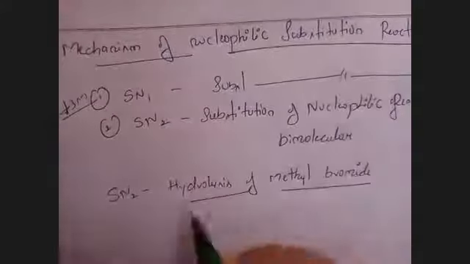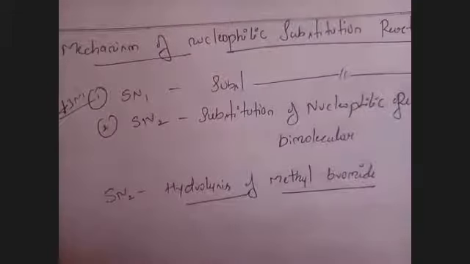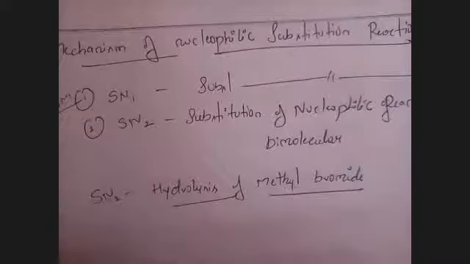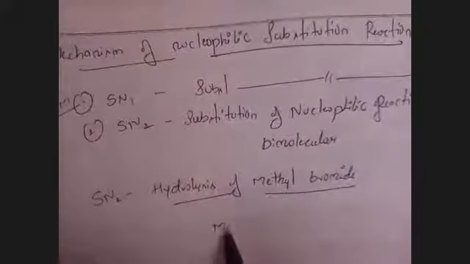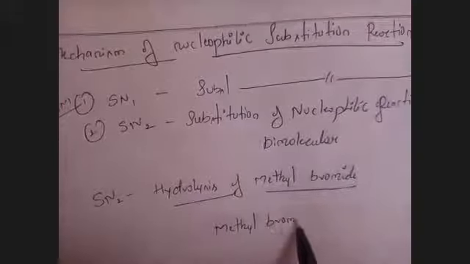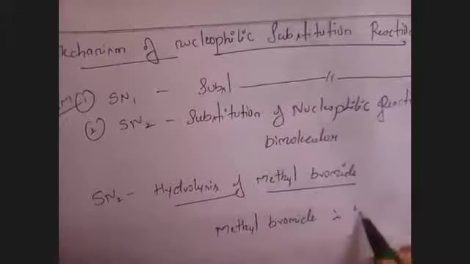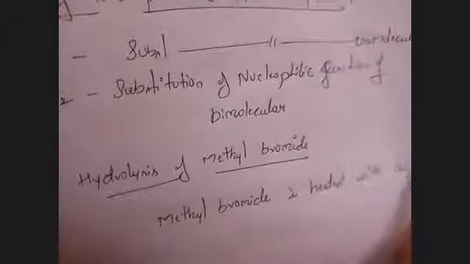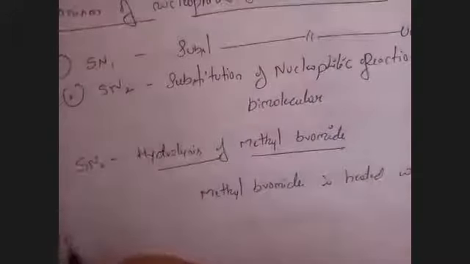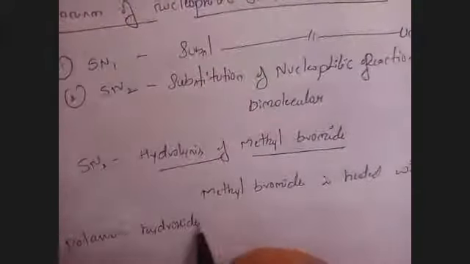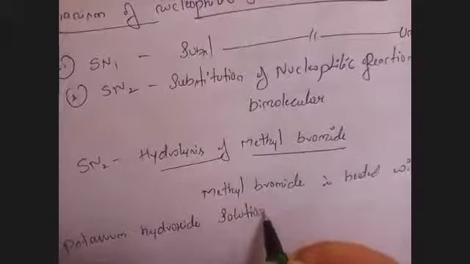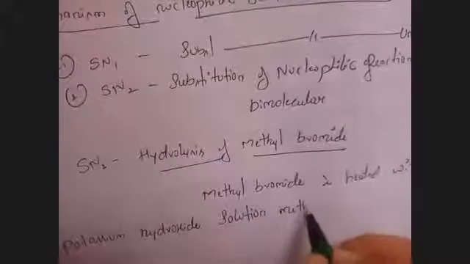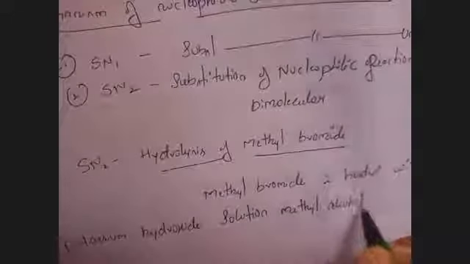So when methyl bromide is heated with aqueous potassium hydroxide solution, methyl alcohol will form.